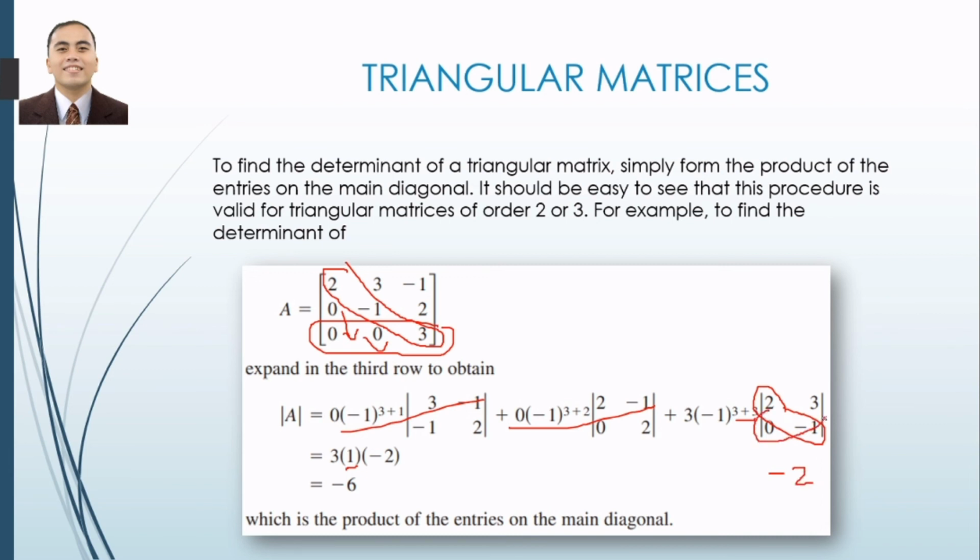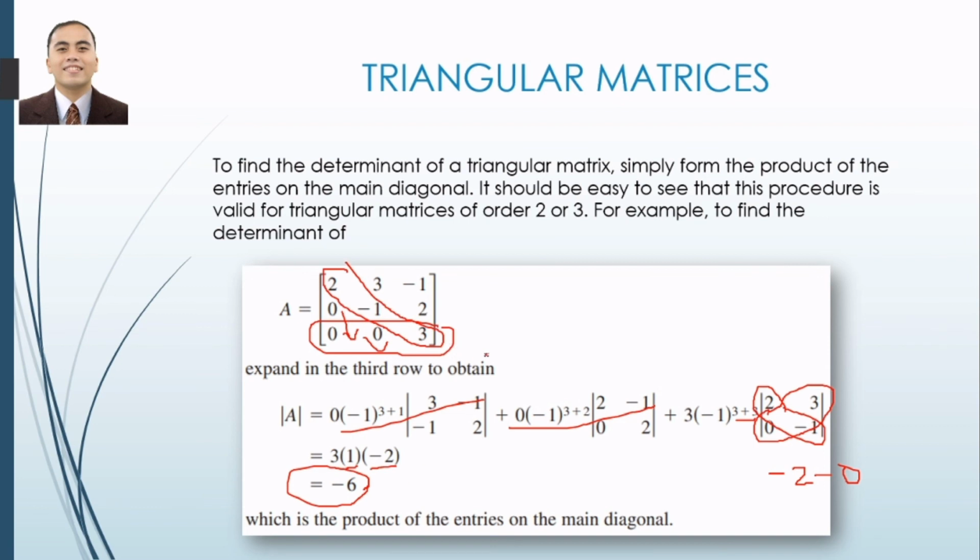Then 0 minus 0 times 3, that is 0. So negative 2 minus 0, that is negative 2. To simplify, 3 times 1 is 3, times negative 2 is negative 6. This is the product of the entries of the main diagonal. As you can see, 2 times negative 1 is negative 2, then times 3 is negative 6.